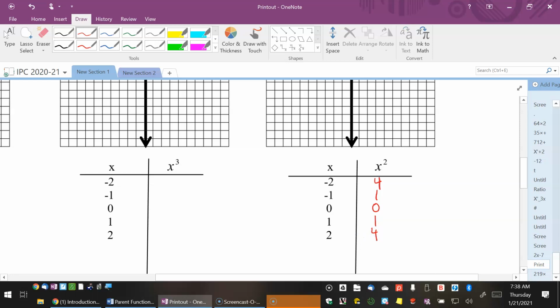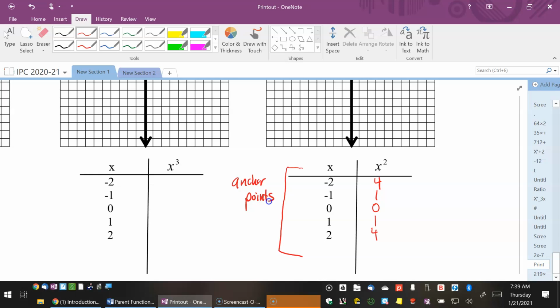This is the only time this unit we will plug and chug on x squared. From here on out, we'll use these 5 points, which we will refer to as anchor points, as part of our analysis for what's happening with any quadratic that we look at. Okay.